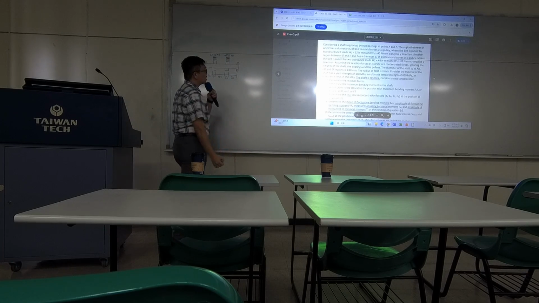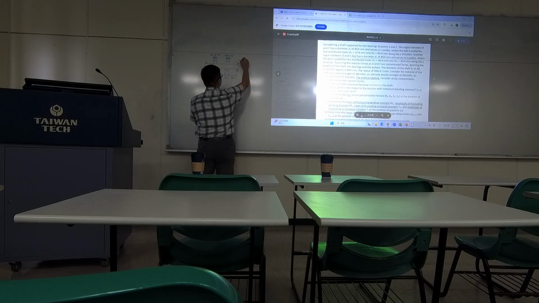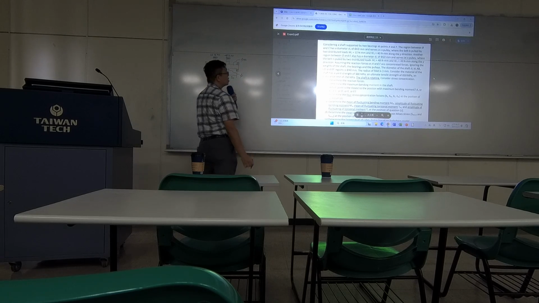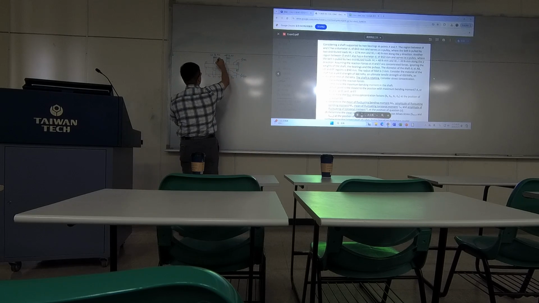Okay? And the diameter of the thinner part here is 40, and the thicker part is 60, right? And the fillet is 3.